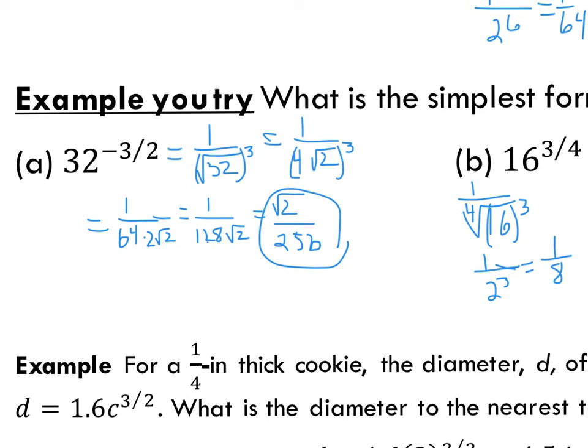Let's do some more simplest form. So again, we're going to draw a giant square root, 9y, and square root of x is x to the 1/2, all cubed. Actually, I'm going to change it up.